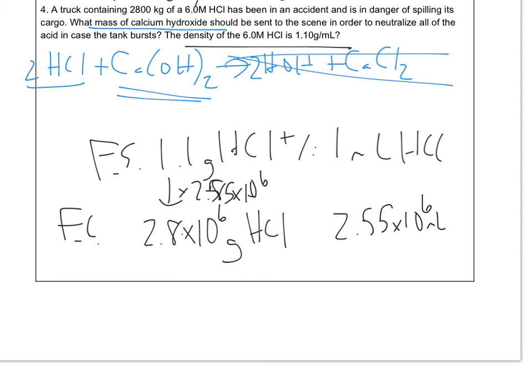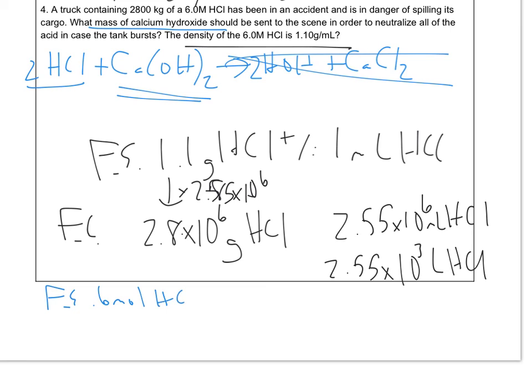which is 2.55 times 10 to the 3rd liters. Okay, this is of the HCl. All right. And then they tell us that it's 6 molar, so that means that for every 6 moles of HCl, there is 1 liter of HCl solution.